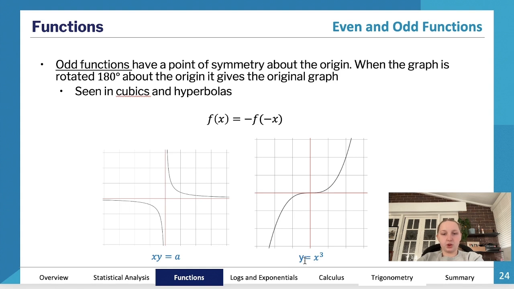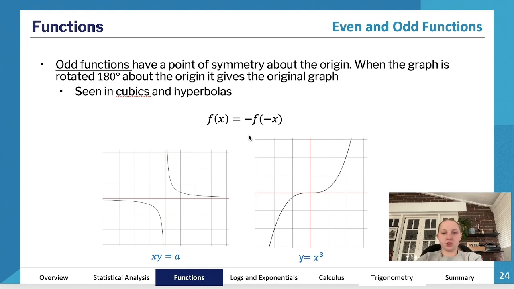Okay, so if we've got f(x) = x cubed, then it's an odd function if (-x) cubed gives us the same thing as -f(x), which for the cubic it does.